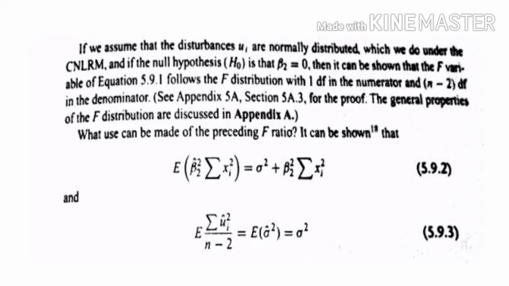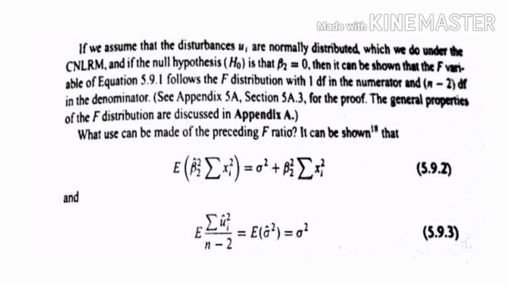If we assume that the disturbances ui are normally distributed, which we do under the classical linear regression model, and if the null hypothesis is beta 2 equals 0, then the F variable follows the F distribution with 1 degree of freedom and n minus 2 degrees of freedom.